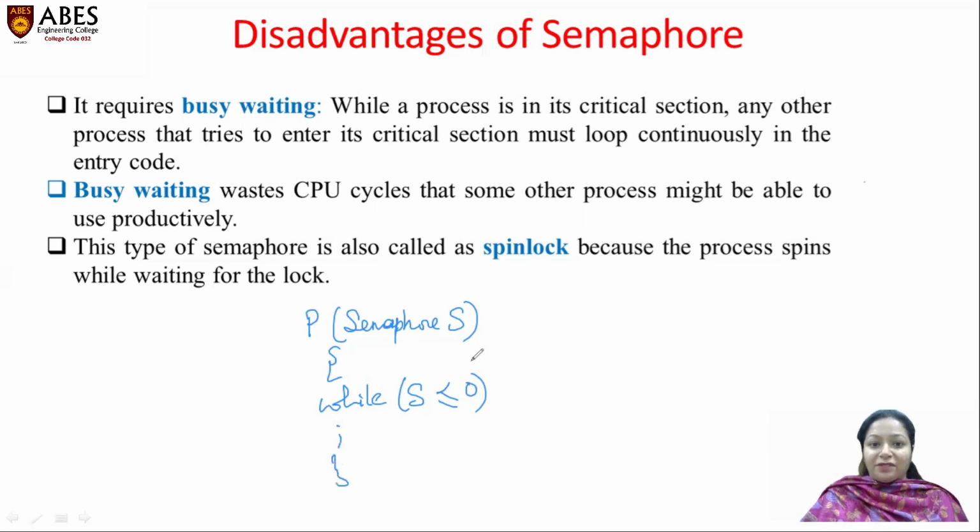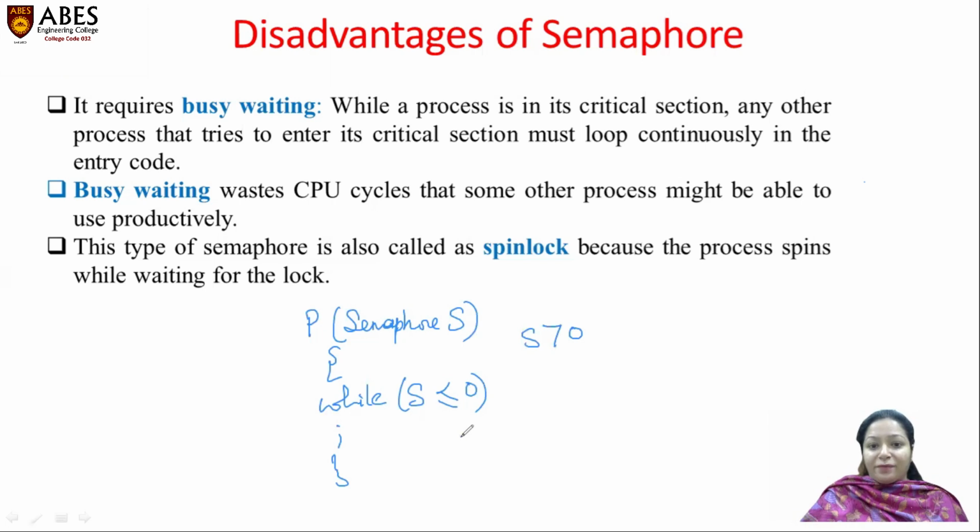So whenever a process tries to enter the critical section, if the value of the semaphore S is greater than 0, then the process can enter the critical section. And once it finishes execution in the critical section, it increments the semaphore value using the signal operation, right?